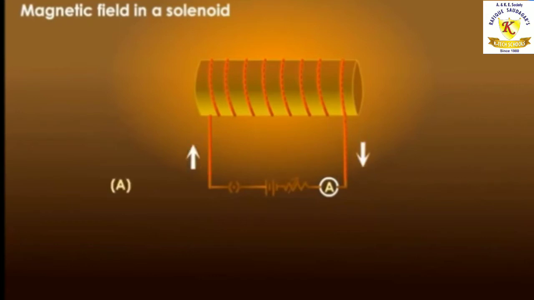In figure A, current is flowing into the coil in clockwise direction. So the left hand side of each turn of the coil acts as the south pole.